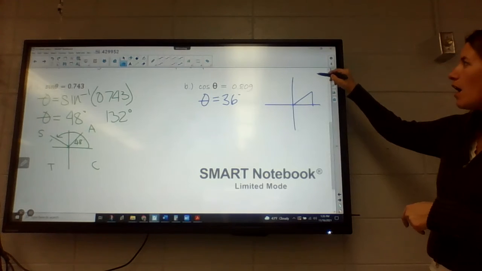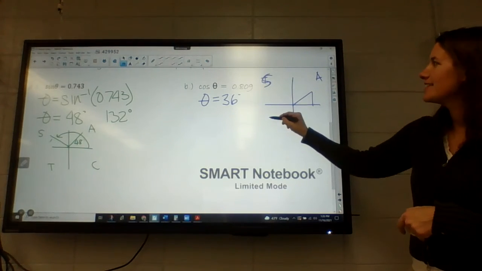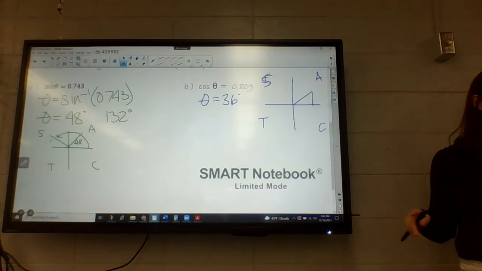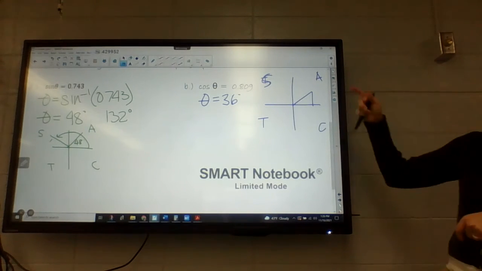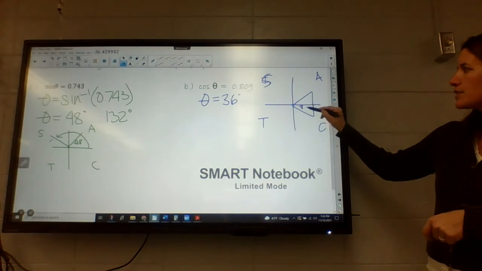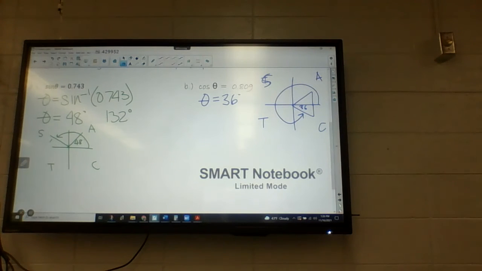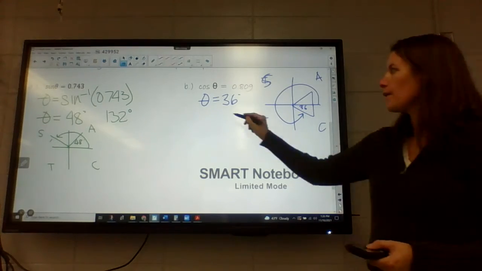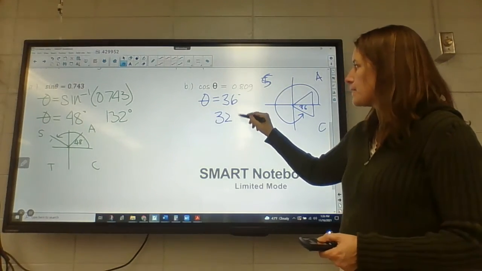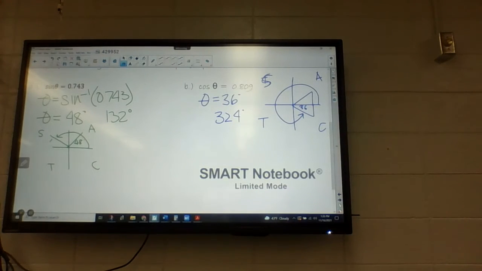Where cosine is positive, all students take calculus. So we want to be the other place where cosine is positive. So that's down here, where this is a 36-degree angle. So what's that angle going to be? 324. So we did 360 minus that 36-degree angle.